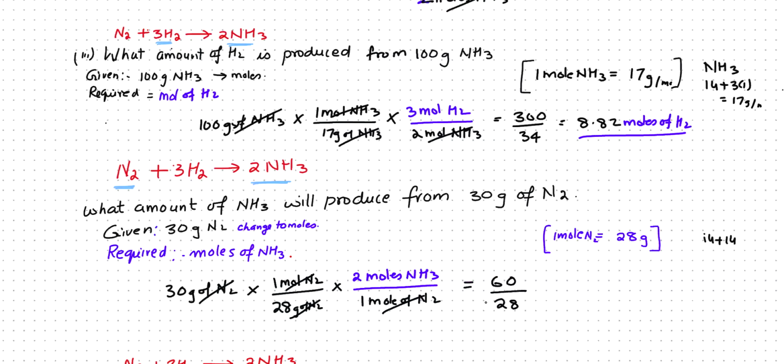So 60 over 28 is equal to 2.14 moles of ammonia. So what amount of ammonia? We got the answer as 2.14 moles of ammonia.